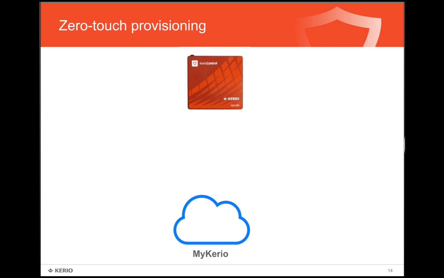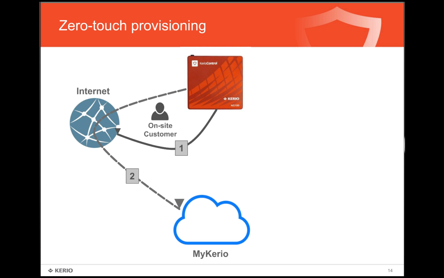To give you a technical overview of how zero-touch provisioning works, you have here a Kerio Control, and we have MyKerio. All your customer needs to do is to plug in this hardware device, power it on, and plug the Ethernet cable into the internet port of this hardware appliance, and it immediately starts talking to our MyKerio service.